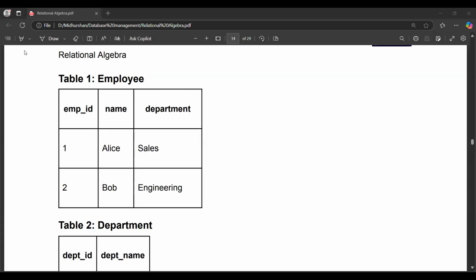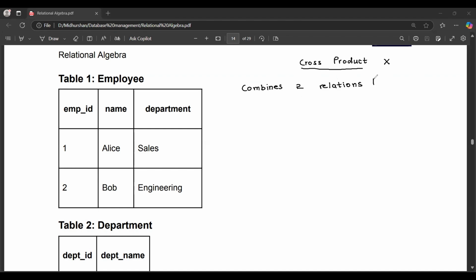So cross product, okay. I have already given you the definition for cross product, which is normally denoted by an x or the multiplication symbol we normally use. Cross product combines two relations or two relational instances, depending on your query. So you have two relations.